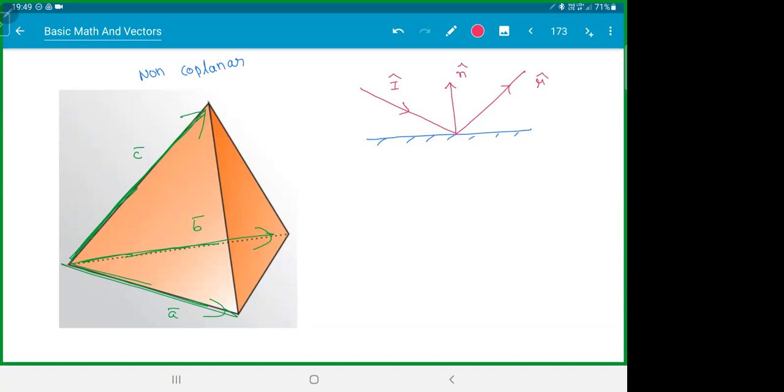Do you remember the law of reflection, where there is a statement: the angle of incidence is equal to the angle of reflection. Then there's one more statement: the incident ray, reflected ray, and the normal are on the same side of the mirror and in the same plane. So basically, the box product of I cap, R cap, N cap is 0. The three vectors are in the same plane.